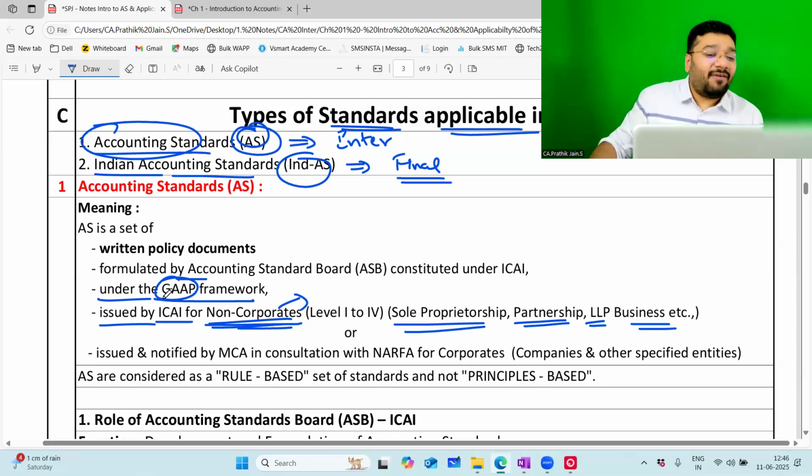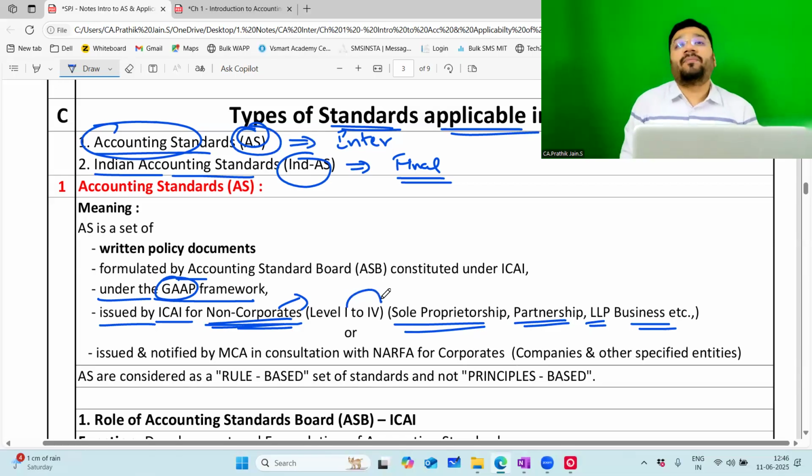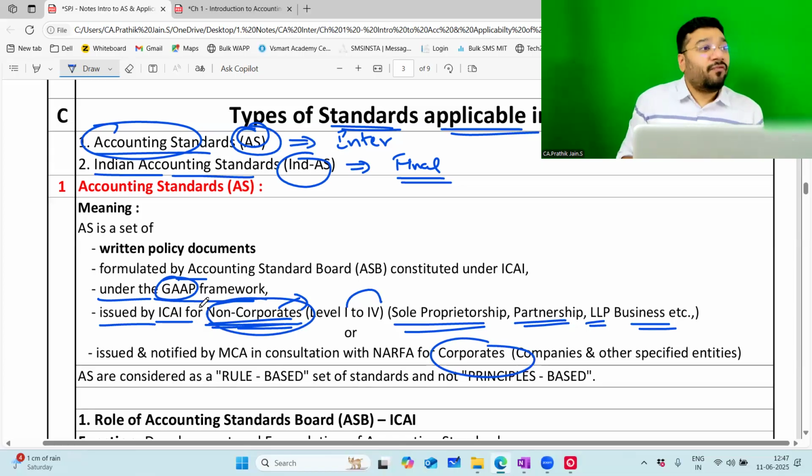That is the reason they have how many levels? Level 1 to 4. Level 1, that is accounting standards applicability. We'll be having a separate class on applicability of accounting standards. In that, I'll tell you what is corporate and what is non-corporate. For non-corporate, how many levels are there? Why are we having this many levels? Whether entire AS should be followed or is there any exemption available? I'll be discussing in the concept named applicability of accounting standards.